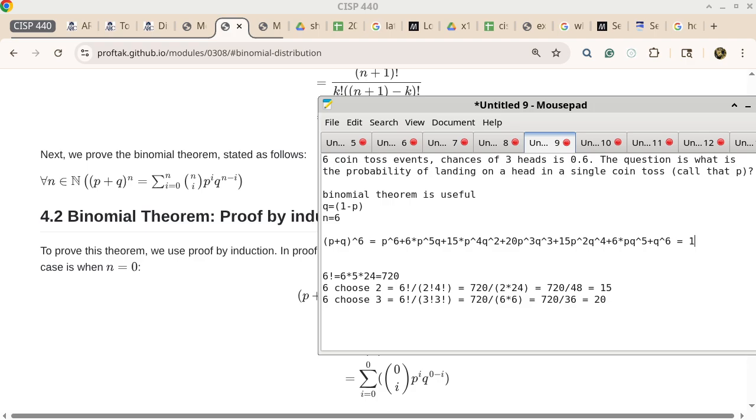It also makes sense on the other side of the equality because Q is 1 minus P. So what is P plus 1 minus P? That's just 1. 1 to the power of 6 is still 1. So everything still makes sense, okay? But we are singling out one of these to figure out something.